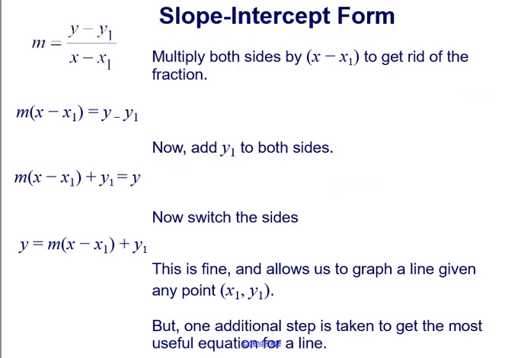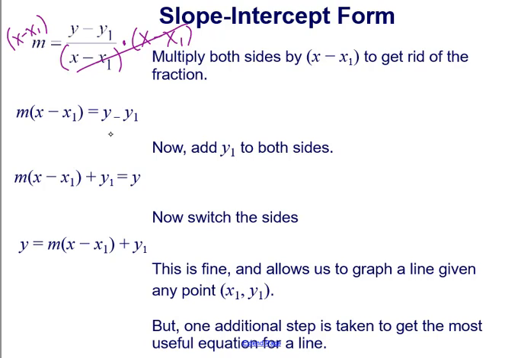So we will multiply both sides by that quantity of x minus x1 to get rid of the fraction. So if we do that here, we have to do it to both sides of the equation. So that will leave us with m times the quantity of x minus x1 equals y minus y1.